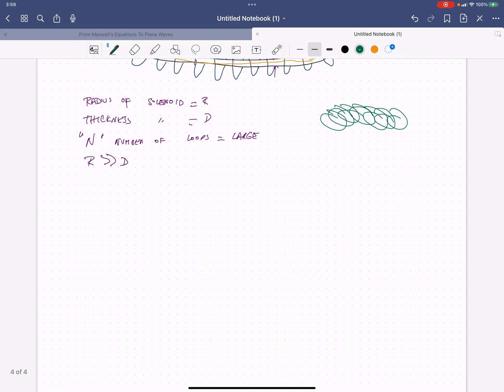So when I integrate B sub phi r d phi over mu, that is equal to the total number of loops times the current. That tells you how much current the magnetic field is enclosing.